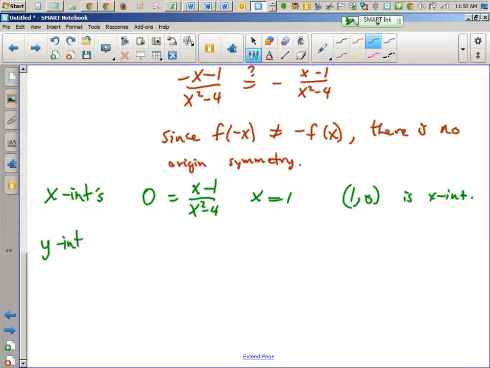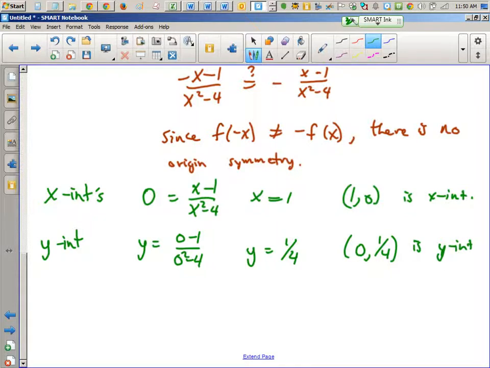To find the y-intercept, you would actually make x 0. So you just get 1/4, of course. This is an old skill for us. So we're going to add these to our graph.